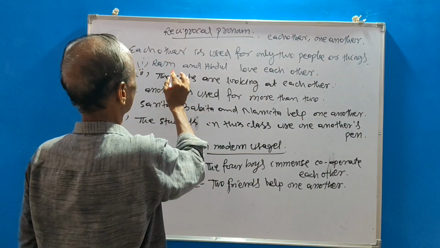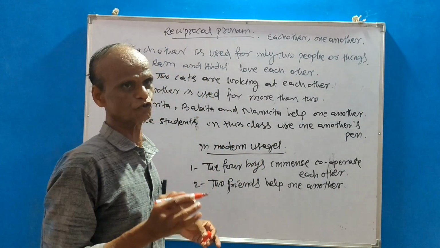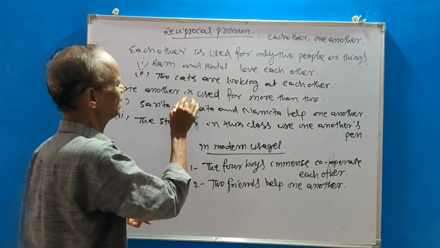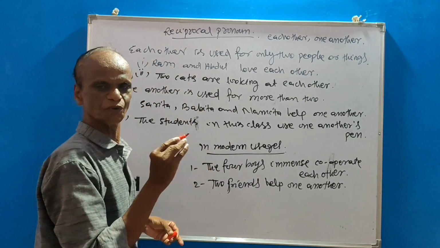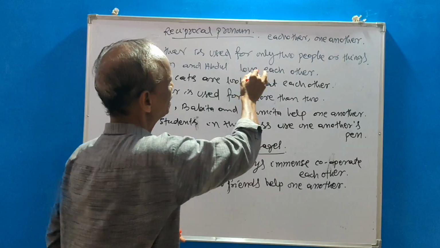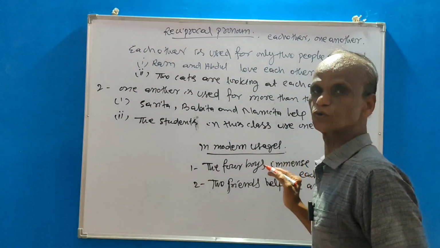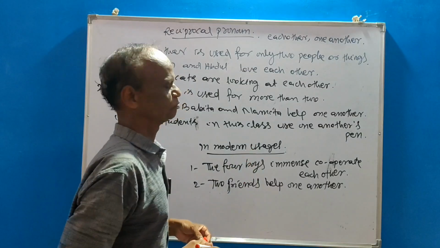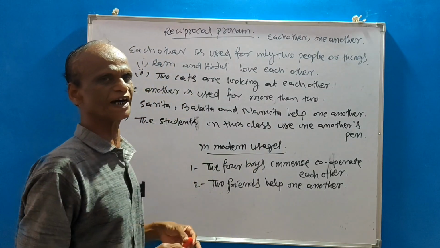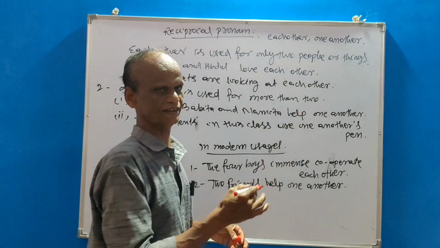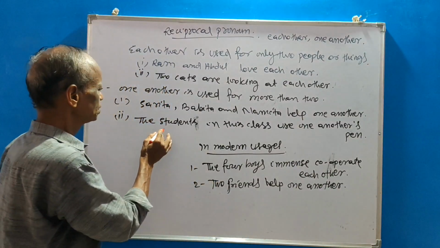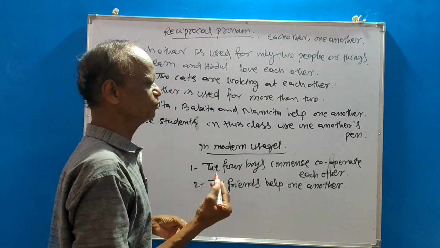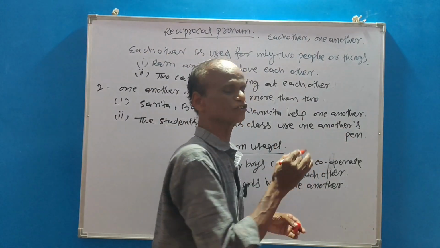For example, Ram and Abdul love each other. Two cats are looking at each other. One another is used for more than two. For example, Sarita, Babita and Namita help one another. The students in this class use one another's pens.